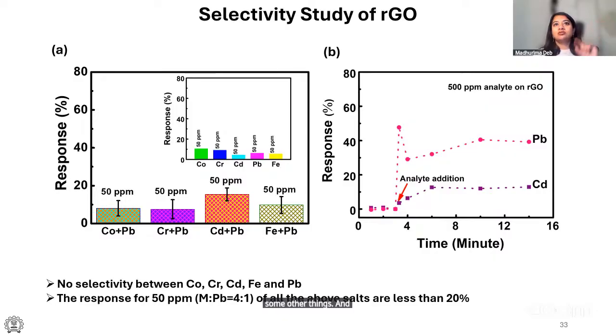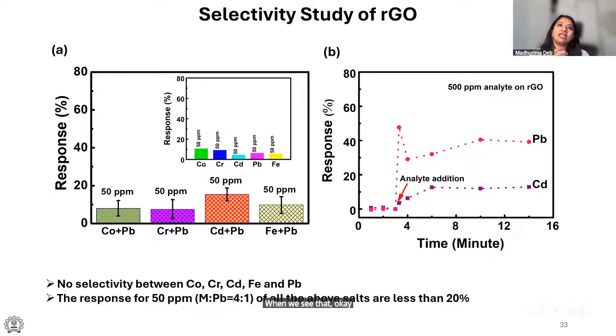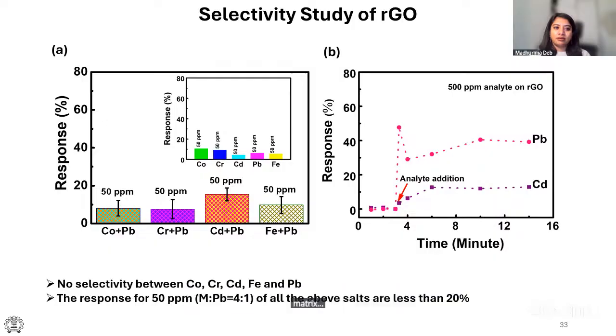And to add to this, I also did the selectivity study, because our main analyte is lead, and lead is mixed with some other metals, so how does our sensor react? Because in industrial water or in any water, to be honest, it doesn't come alone. It comes with a lot of other analytes in the whole matrix.